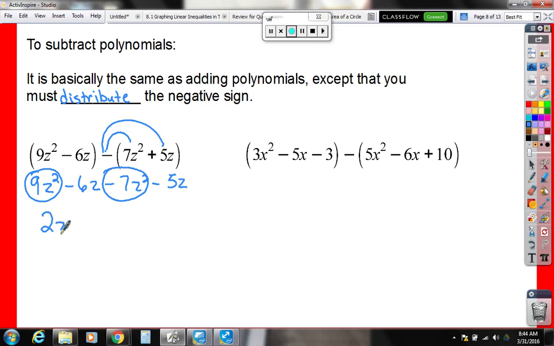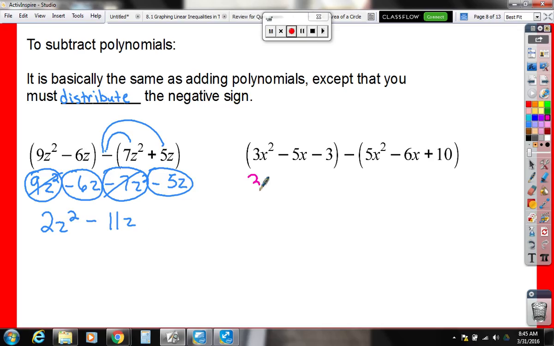Good. Damien, now what? Negative 5z, good. And I get? Good. And is that in standard form? Yes. Good. Okay, let's take a look at the next one.